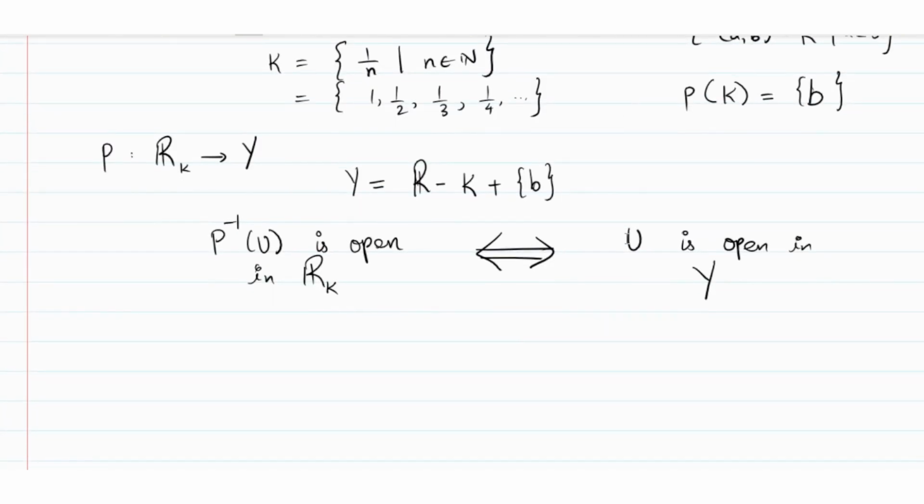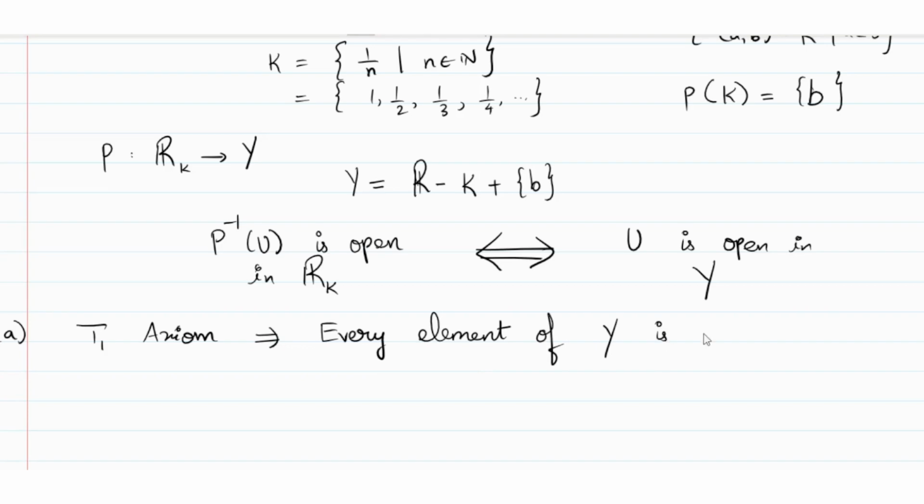What is the T1 axiom? It is simple. So let's solve the A part. The T1 axiom says that every element of Y is closed.